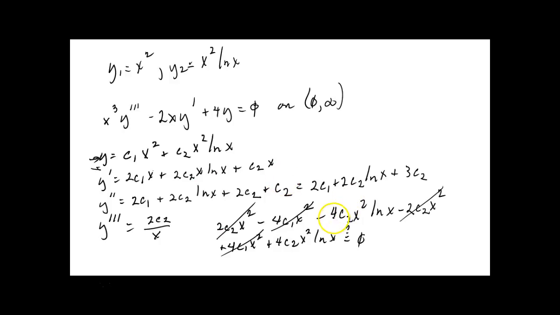There's a minus 4c2 x squared log x, and there's a plus 4c2 x squared log x. Sure enough, that also is a solution. Those two are solutions. Any linear combination of those is also a solution. And notice here, the C1 and C2 are completely arbitrary. Any number you choose to put in there, okay?